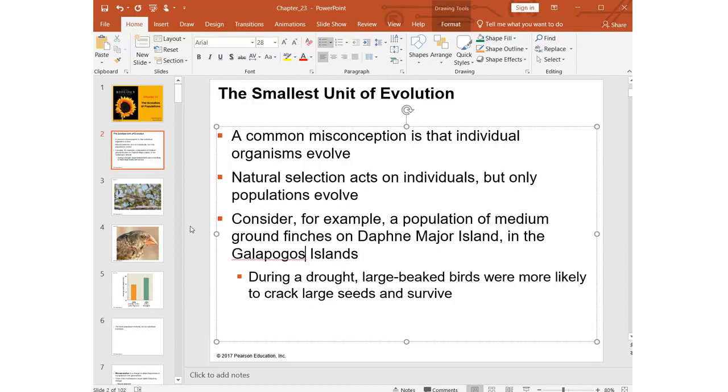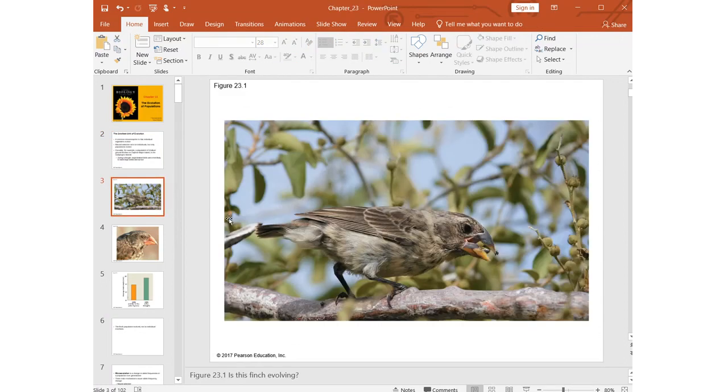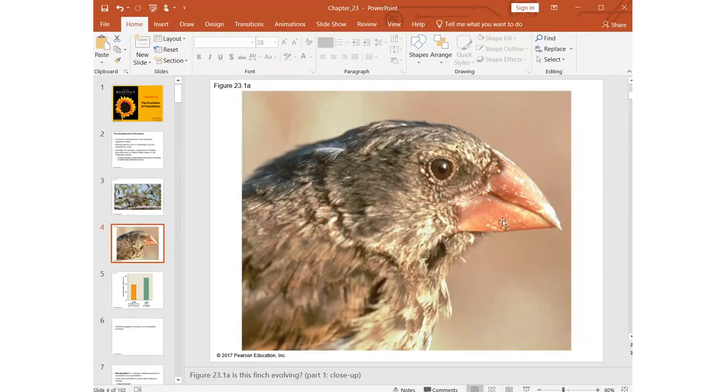Here's a good picture of one of those large-beaked finches trying to crack a seed. I'm assuming that's a seed. That could be an insect there. It's kind of small, but we're just going to assume it's a seed that it's trying to crack. And here's another. Look at that very impressive large beak.